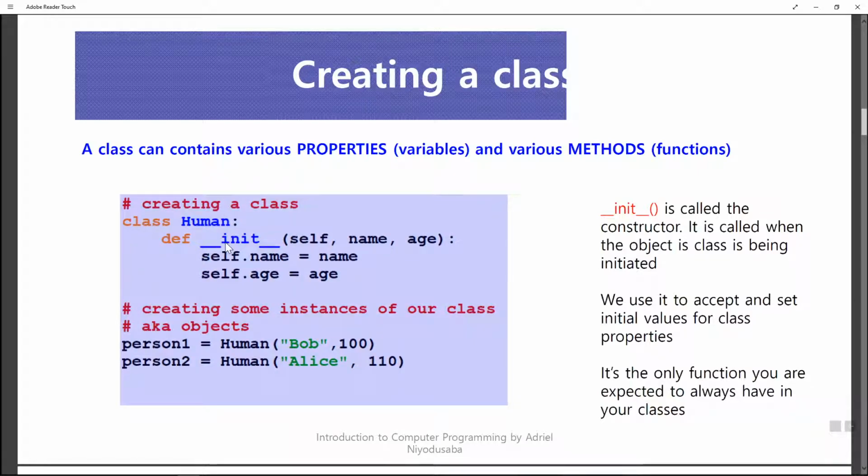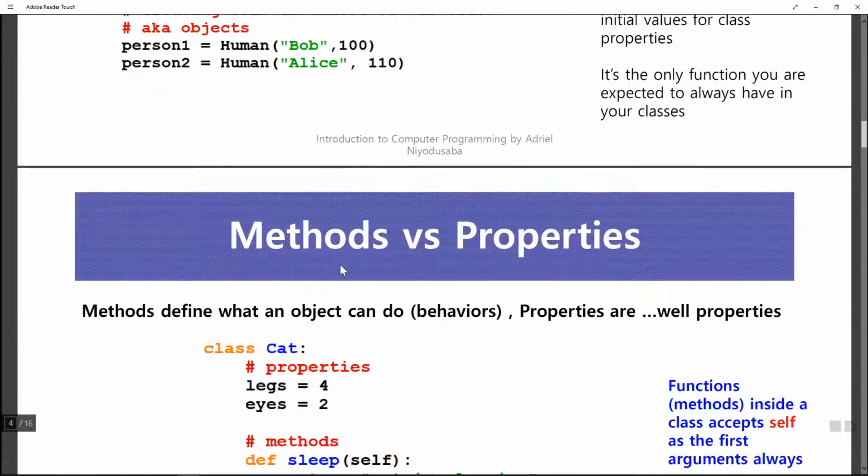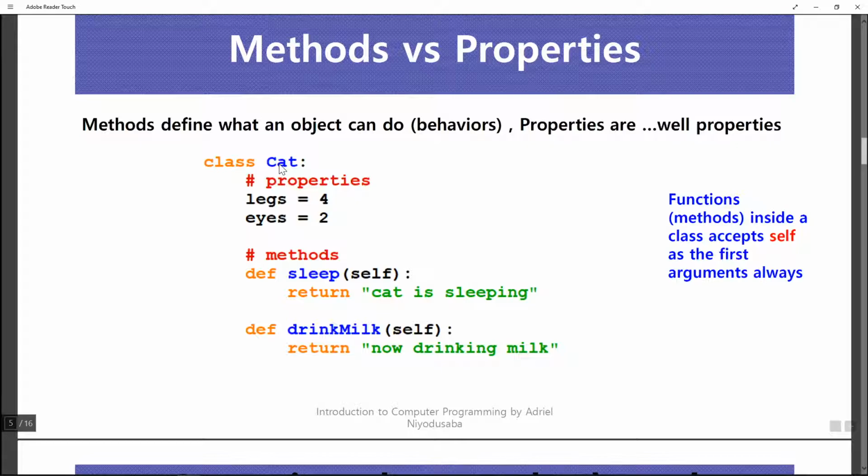Because if you look carefully, you notice that in the constructor method we are accepting name and age, and then we are setting them to these properties. But in this case, when we define the class, we had coded some properties. So these are what I call the class properties, and the class properties are the ones you cannot change when you are creating a new instance.